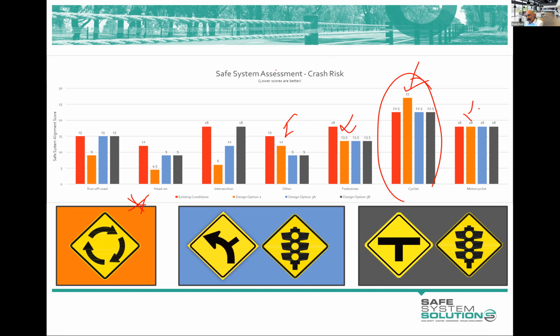So you can look at that design of the roundabout and say, well, could we add bike facilities around the roundabout, or do an alternate bike route, or can we put sharrows on the approach to the roundabout, or whatever it is.